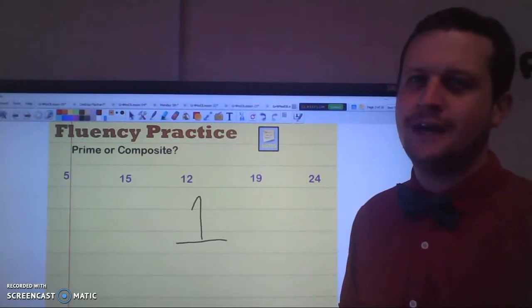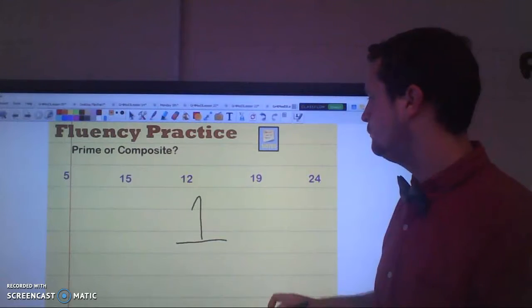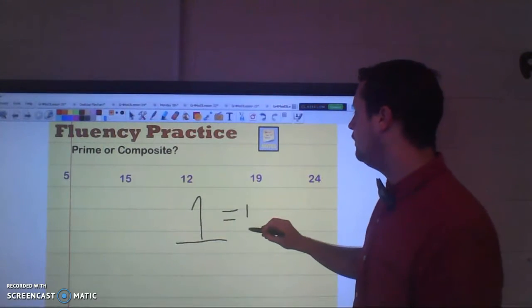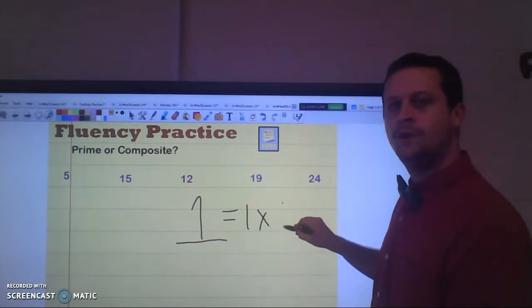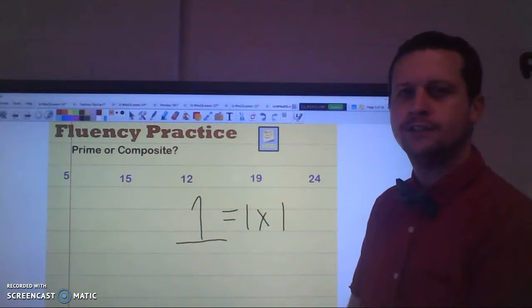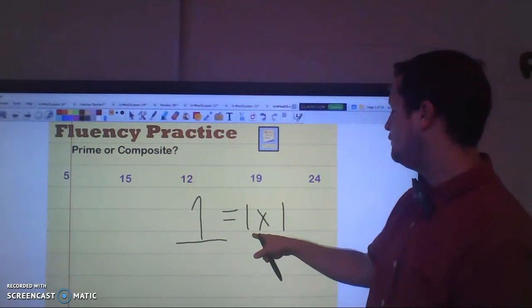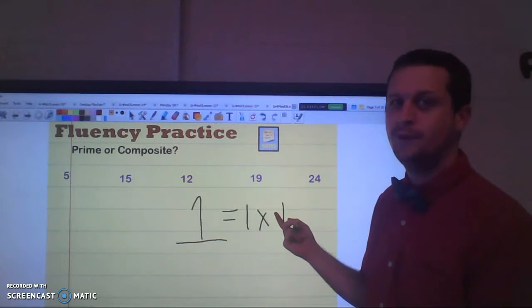So I gave you some time to think. Now the number 1. What are the factors for 1? Well, the only way to get 1 is 1 times 1. So how many factors does it have? Well, it actually only has 1 factor because 1 and 1 are the same.